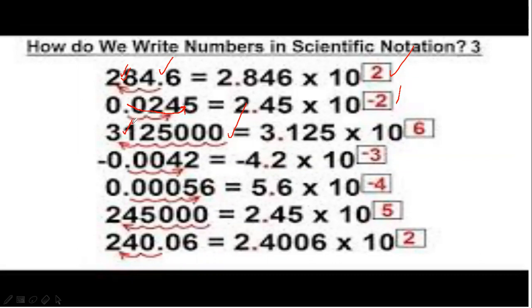If you write the number 3125000 continuously, first line, second line, third line, you will make a mistake. So it's better to write a number in scientific notation to reduce mistakes. For example, the mass of an electron is 9.31 cross 10 to the power minus 31. If you write a very large or very small number continuously, 931 and 31 zeros, you might make a mistake.